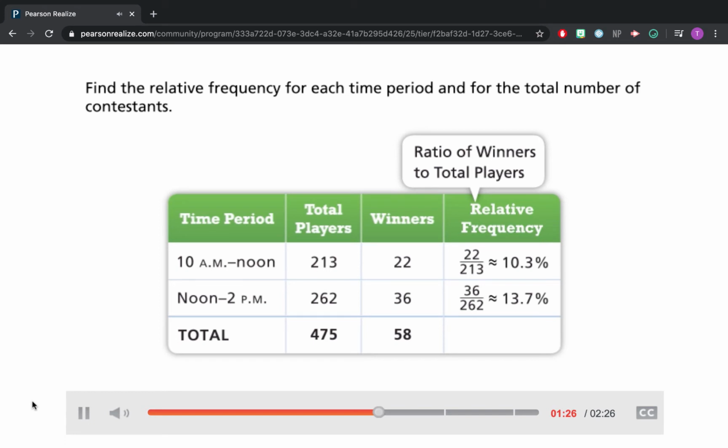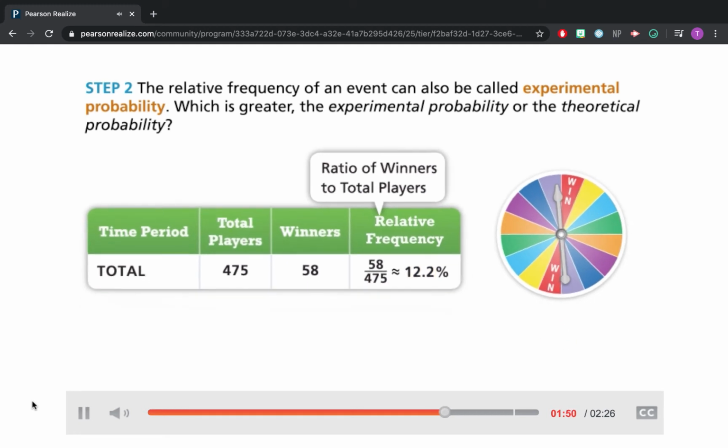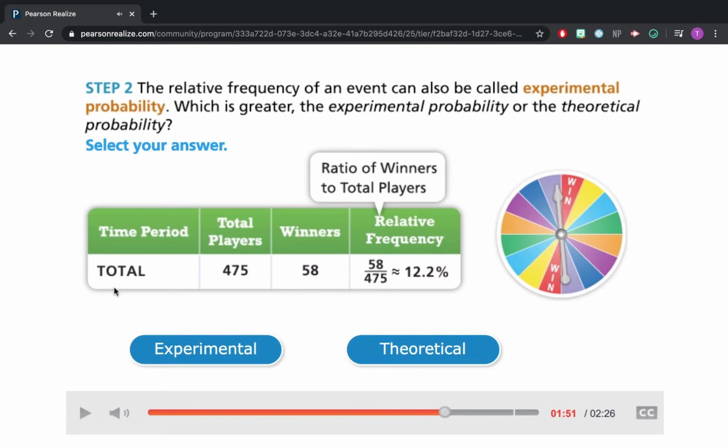For the total number of contestants, the relative frequency is 58 over 475, or about 12 2/10%. The relative frequency of an event can also be called experimental probability. Which value is greater in this situation? The experimental probability or the theoretical probability? Select your answer.